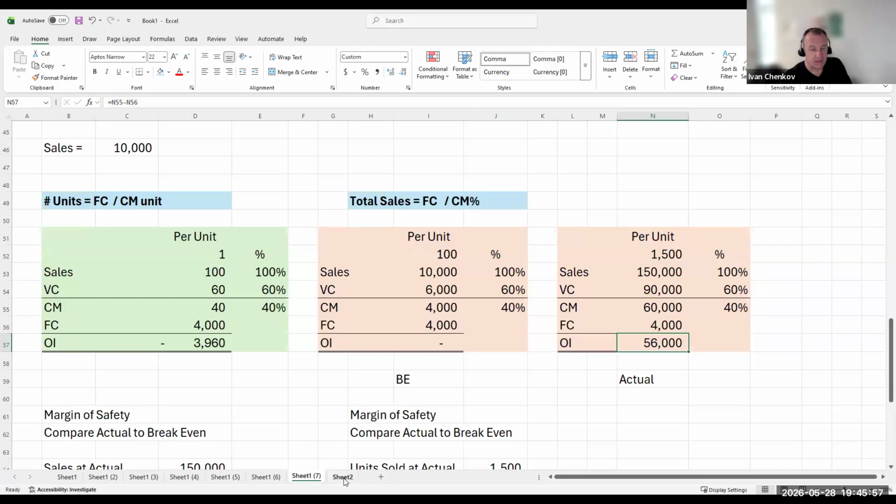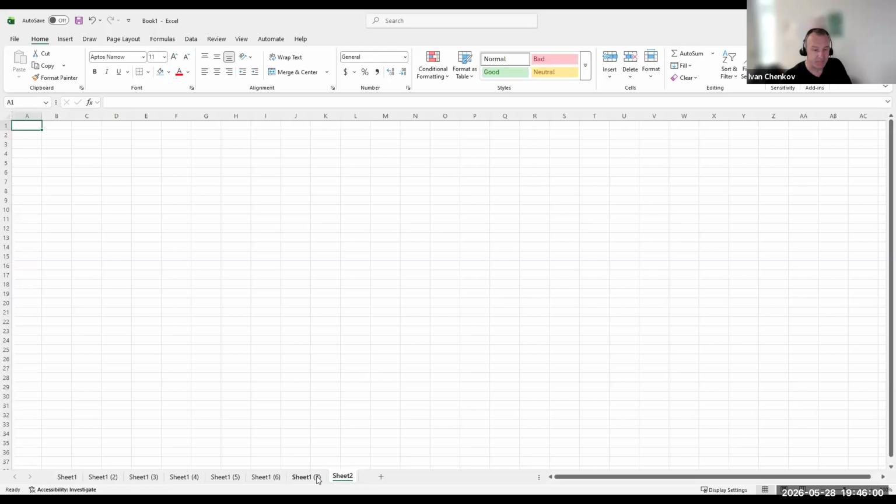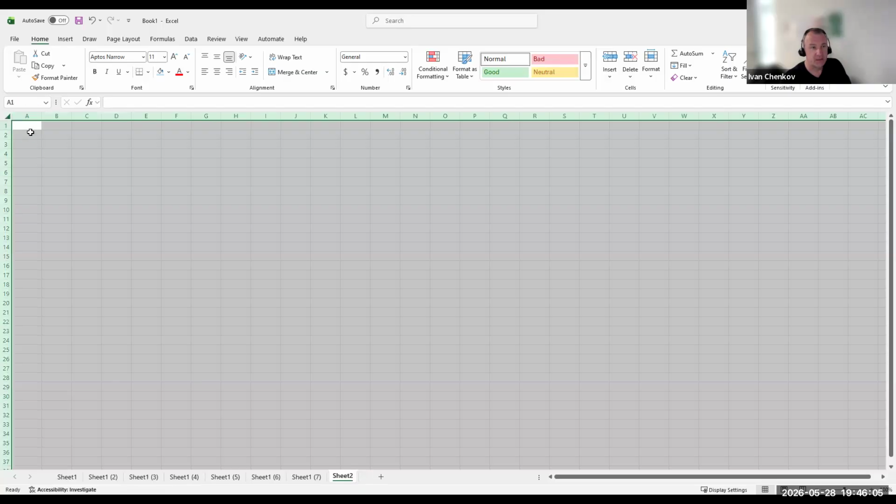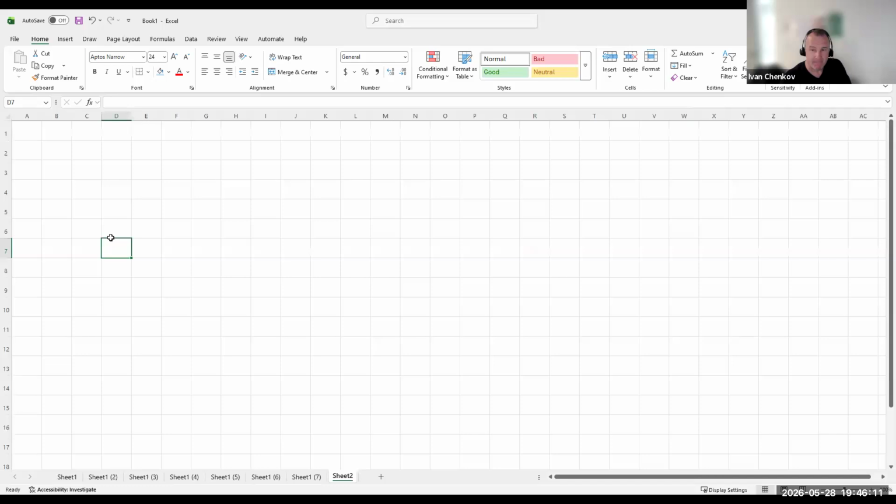And that brings us to the last concept for today, which I have to give you. The last concept for today is the cost structure of different types of companies. Now, as we can see, the cost can be either variable or fixed.